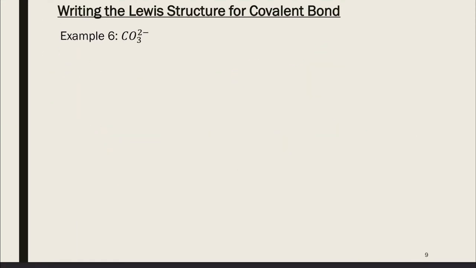Next, for example 6, kita ada ion karbonat di situ, karbonat ion. So sama juga, we calculate the total valence electron. So when we calculate the total valence electron, kita ada 1 atom carbon dan 3 atom oksigen. And then kalau kamu tengok di sana dia ada charge kan, 2 minus.